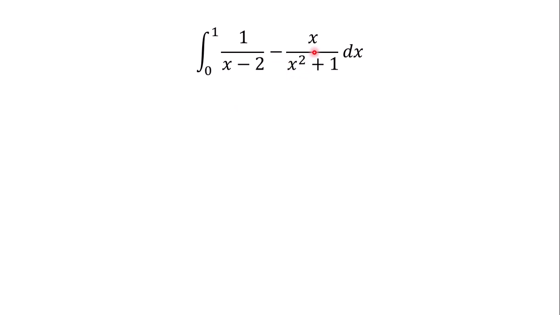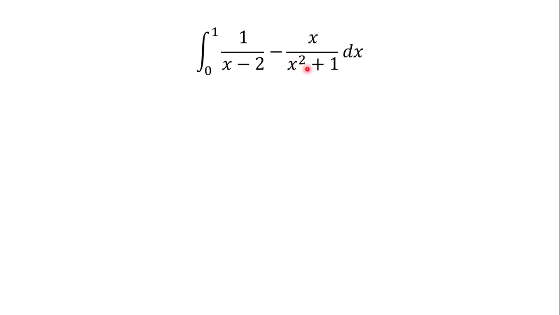Minus, now let's integrate this one also. Here I said we can easily write the answer, because if I want to show you the working, it's very simple, but I'm not going to work it out here. I'll just say it and then we write the answer.